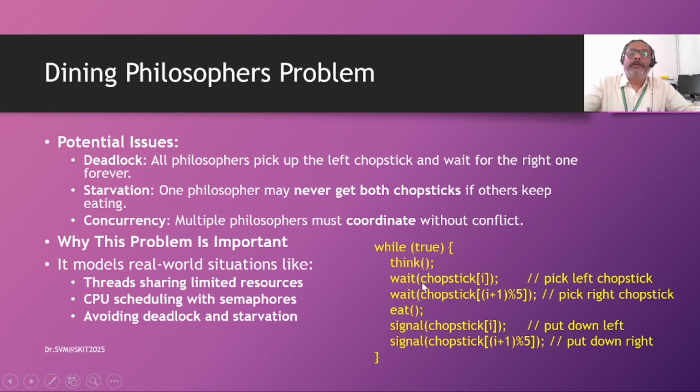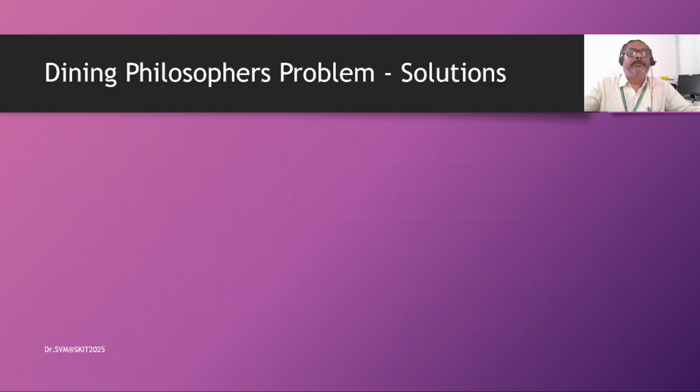So before eating, it waits for the left chopstick. If you get the left chopstick, then wait for the right chopstick. If you get the right also, then eat, and then place the two chopsticks back onto the table, and this repeats. Think, eat, alternately repeats.